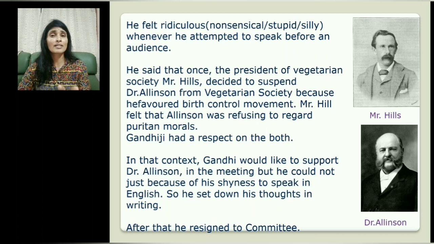Gandhiji had great respect for both Mr. Hills and Allinson, but in that context, Gandhiji tried to support Allinson because with good vegetarian food, they can be active and energetic. Whenever he tried to support Dr. Allinson, just because of his shyness, he was not able to speak with Mr.